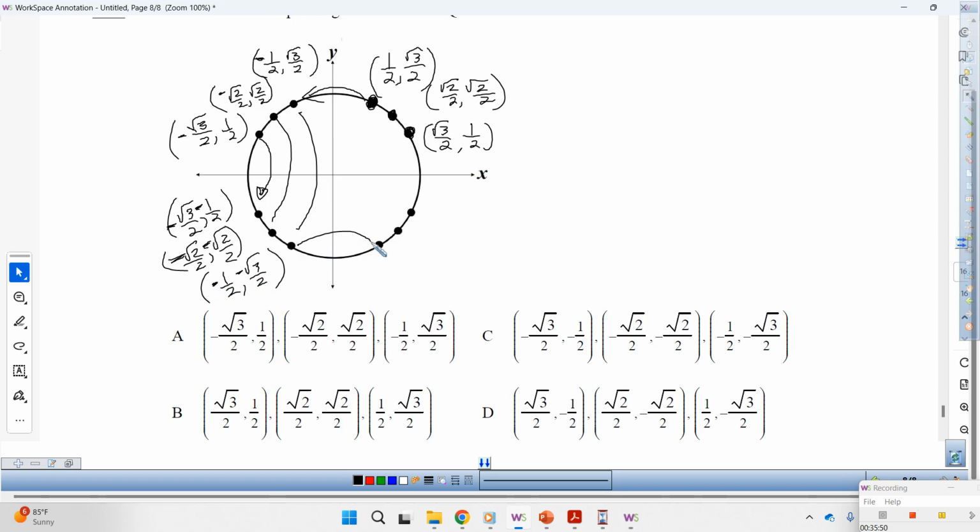And then this way, 1/2, square root 3 over 2. However, over here, the x is positive, the y is negative. Square root 2 over 2, square root 2 over 2, with the y negative. Square root 3 over 2, 1/2.